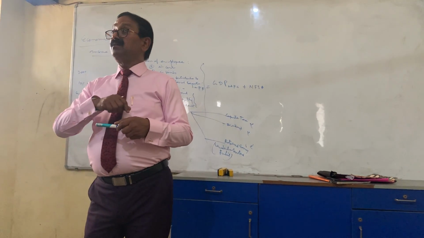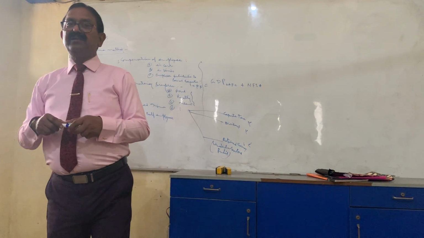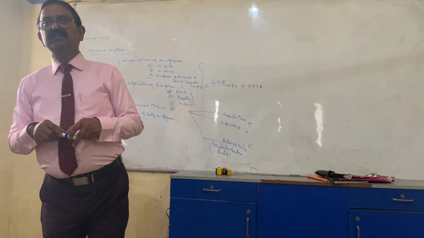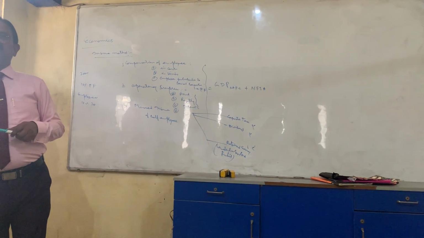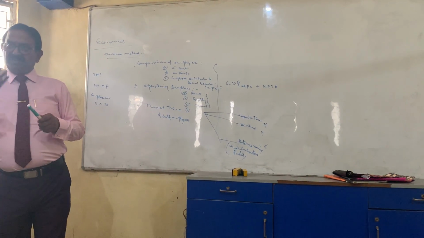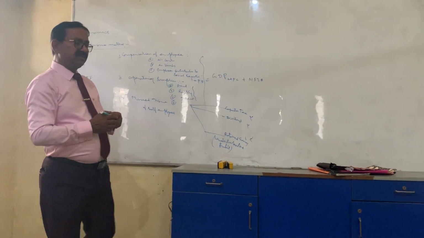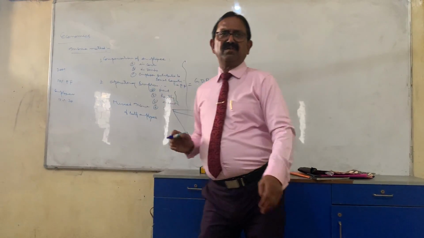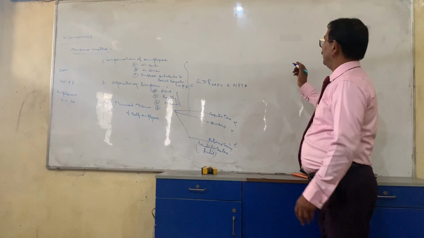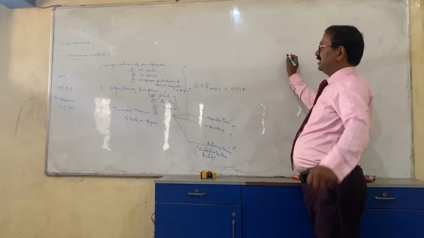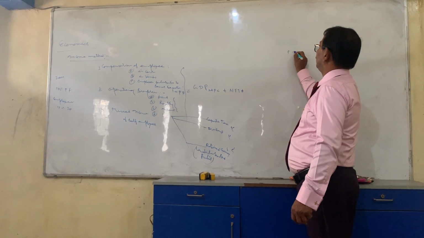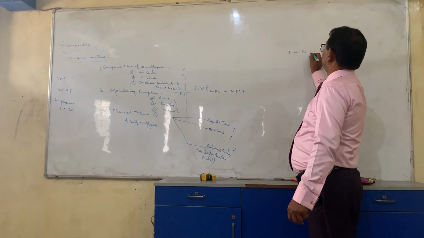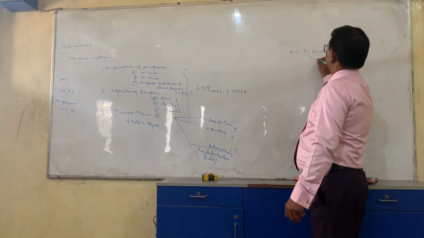Another example. So many of you are sitting here. Your parent is doing business. Beta, so your business income is there. Ask your father. He will tell you that yes, every month, suppose X amount. Arbitrary example. Suppose your father is earning every month 2 lakh rupees.